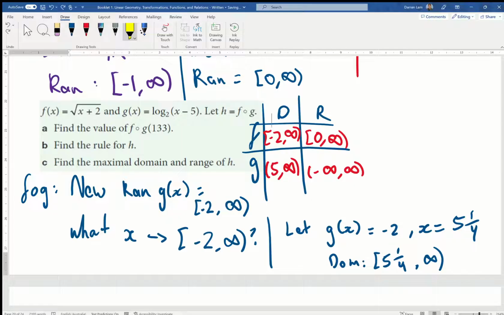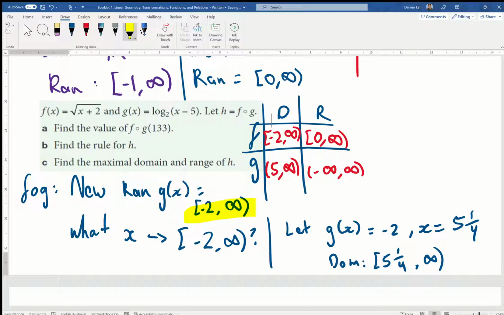So I've restricted it. So now that the domain of my f of x, the outer function, aligns with the range of the inside function, no matter what it spits out, it's going to be within the domain of f of x. I get -2 to infinity, but I'm not looking for my range, I'm looking for the x values that give me this range.